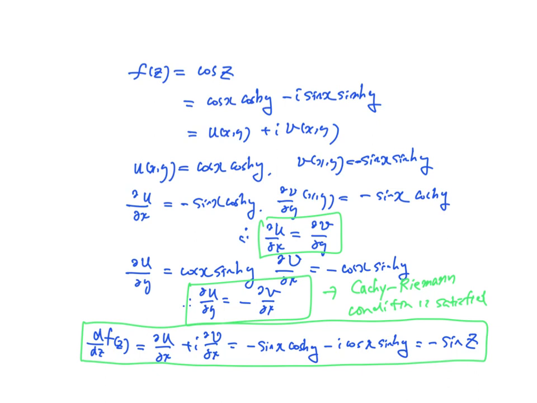What about secant z? It's 1 over cosine z. It would be a bit messy, right?